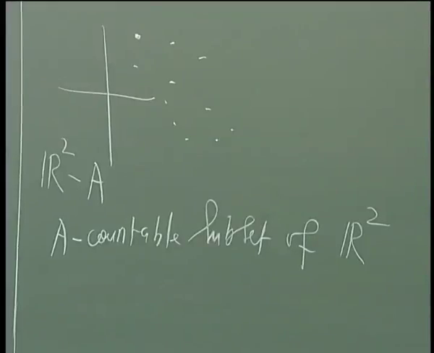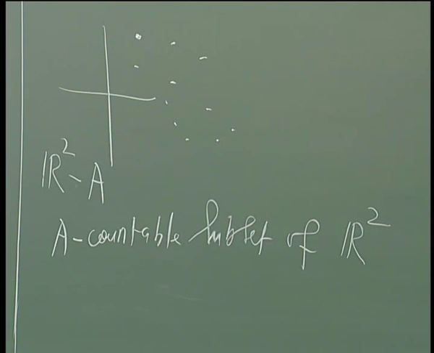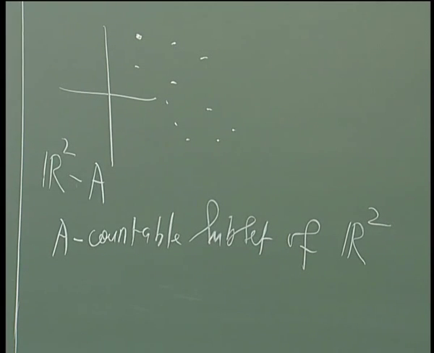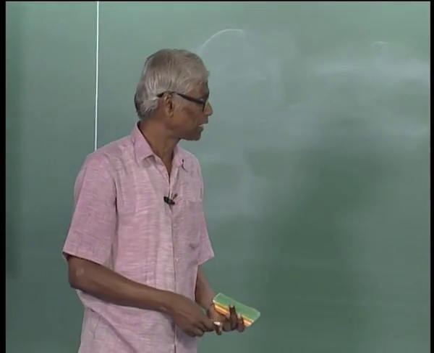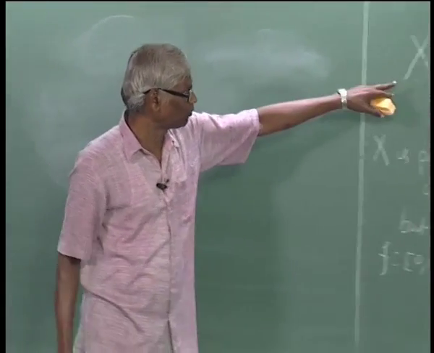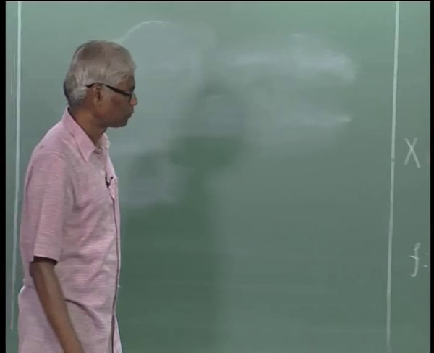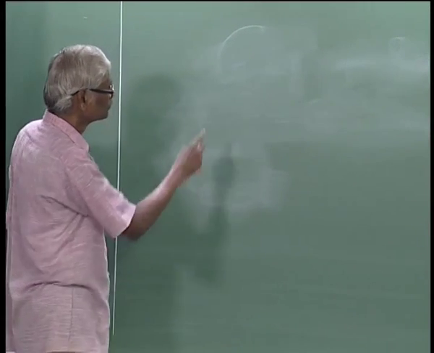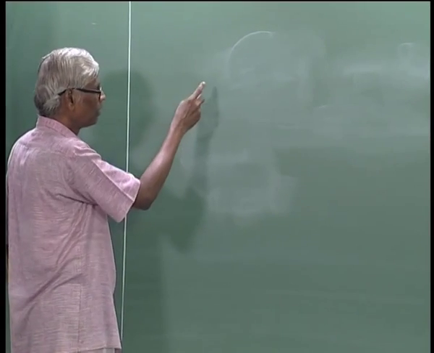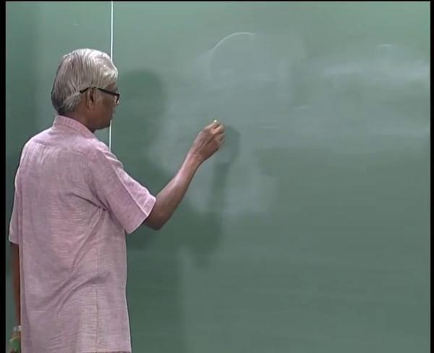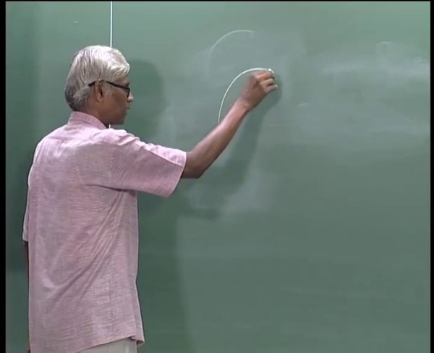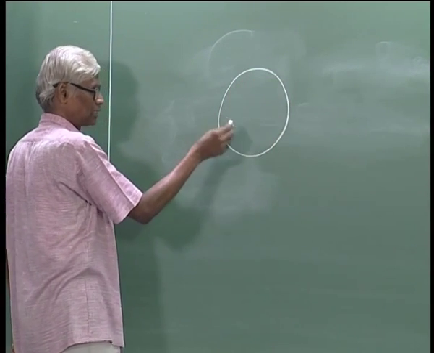So, our main interest is to see that in R2 every open and connected set is pathwise connected. So, we have, for example, take the unit circle.